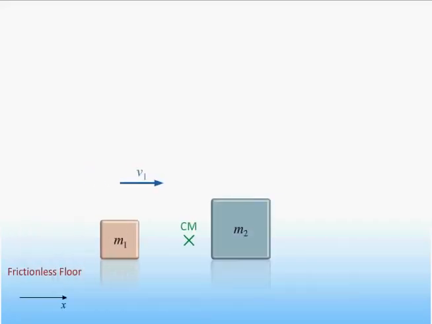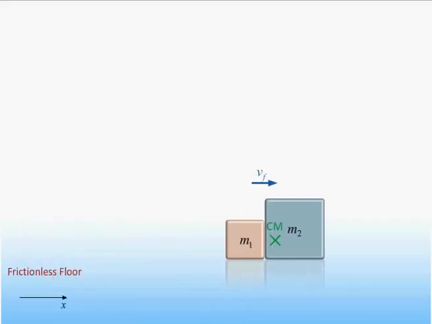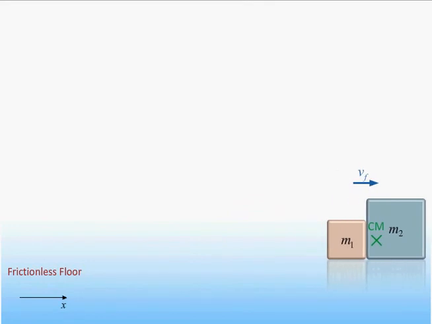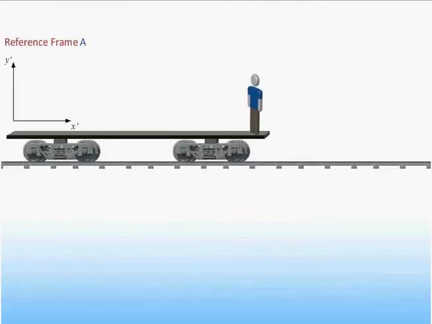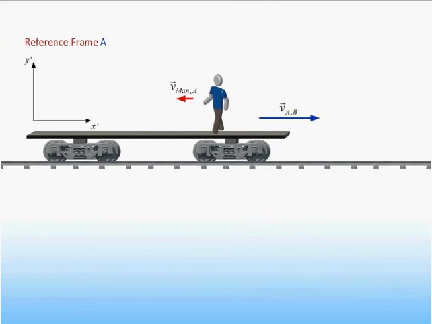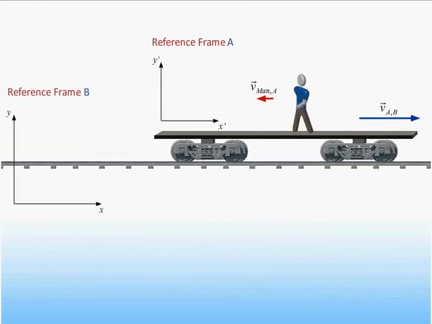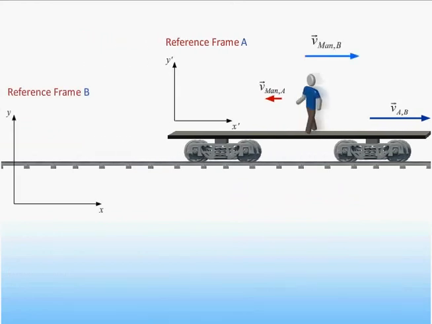What about the more general case when the center of mass is moving with some constant velocity? We already know how to compare measurements in different reference frames. We learned in Prelectures 2 and 3 that if the velocity of an object is known in reference frame A, and reference frame A is moving relative to reference frame B with a constant velocity, then the velocity of the object in reference frame B is just equal to the vector sum of these velocities.